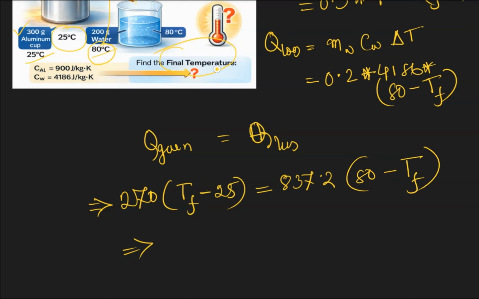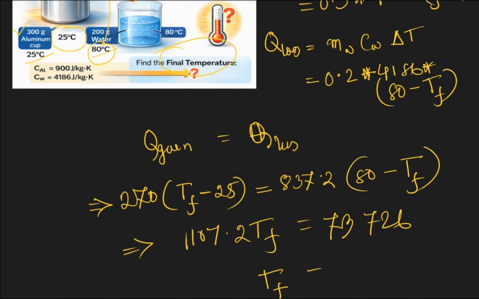So we could write down 1107.2 of TF is equal to 73726, and TF is equal to 66.6 degrees Celsius. So this is the final answer for the question, right?